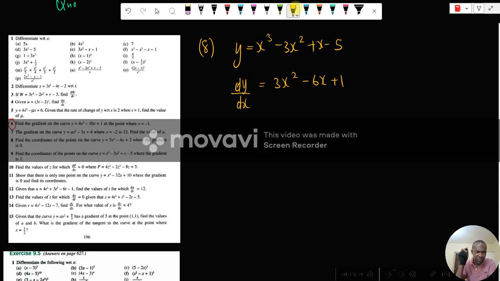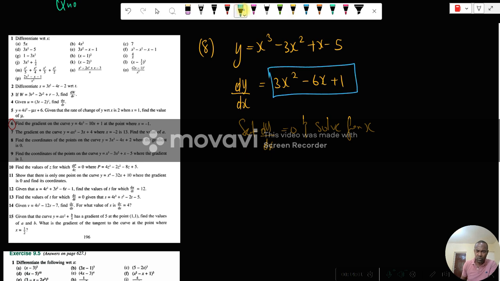And we're told to find the coordinates of the points where the gradient is equal to 0. So we're going to set dy by dx equals 0 and solve for x. Now, first of all, what type of expression is 3x squared minus 6x plus 1? What do we call expressions like those?